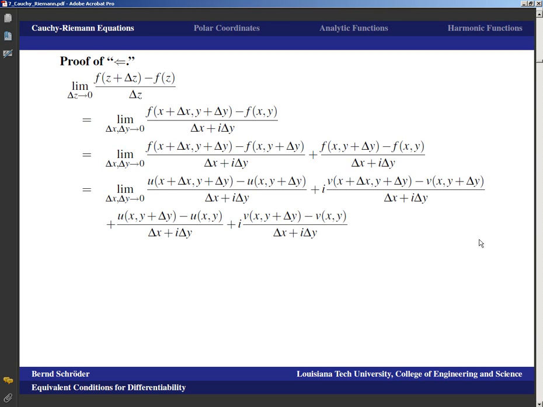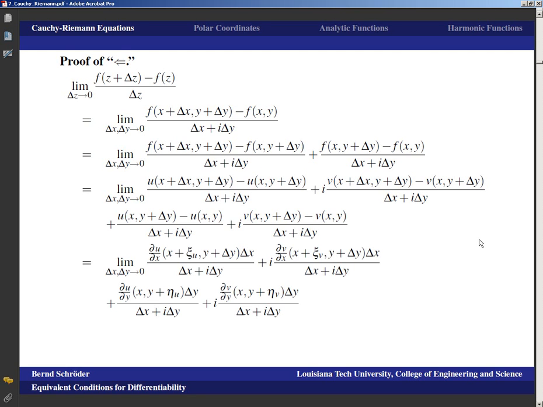And now, well, now we want to separate this out a bit. Yeah, now we're applying the mean value theorem for functions of a real variable. Notice that y plus delta y is the same argument here as well as here. So that means this first numerator is actually just a function of the variable x on the interval from x to x plus delta x.